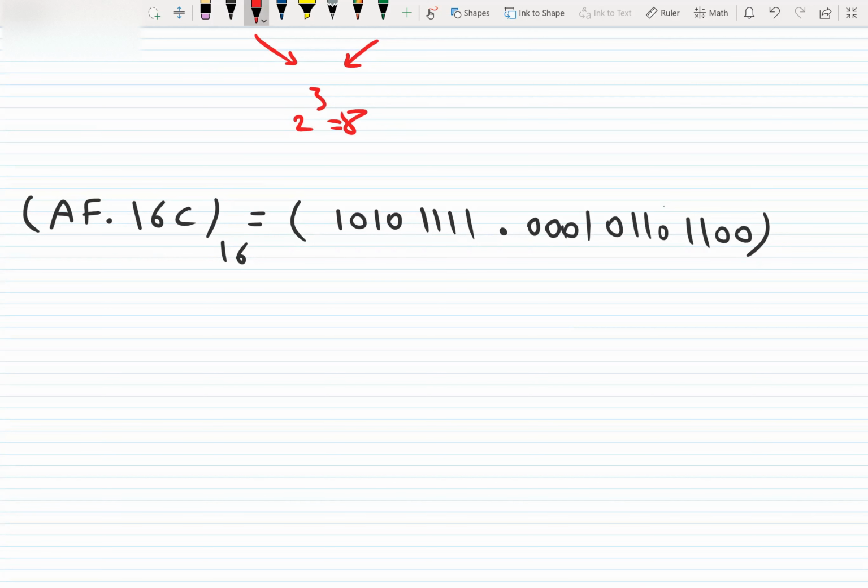Now that we found this number in base 2, it's time to convert from base 2 to base 8 because 2 to the power of 3 is 8. We need to group the digits in groups of 3 and write them in base 8. So we start from the radix point to the left and the right.